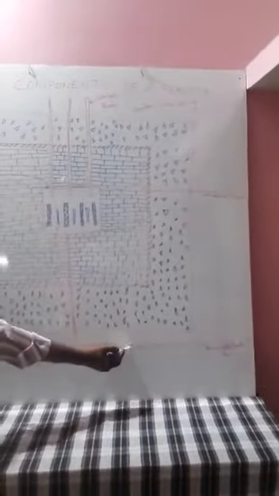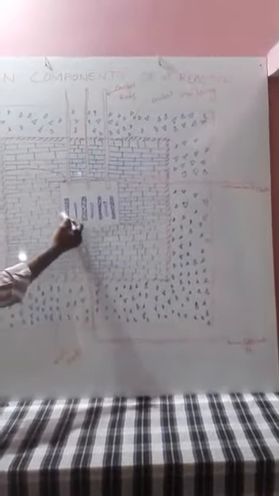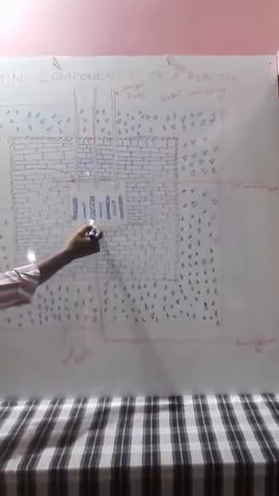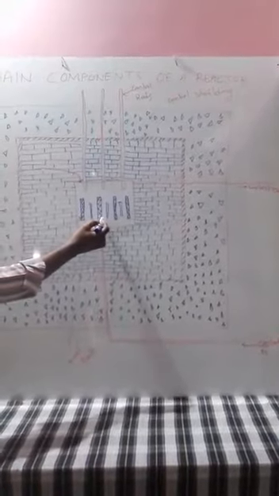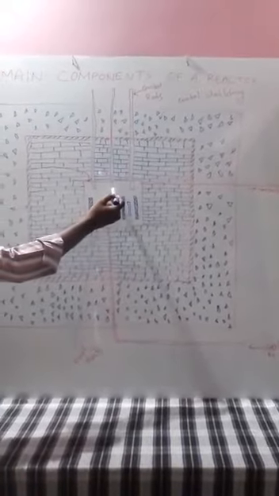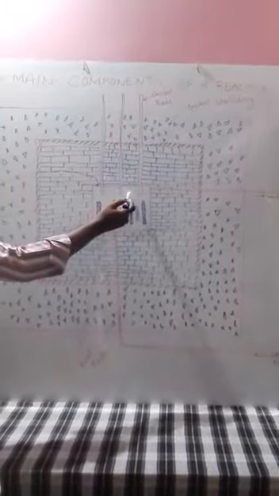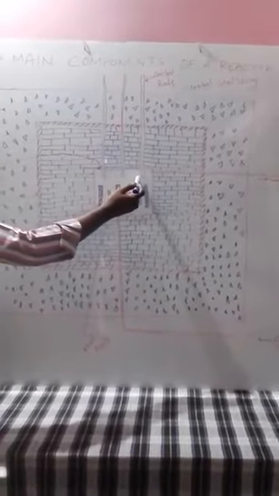The coolant is a fluid which flows at a low temperature and enters this chamber, and it absorbs the heat generated in the nuclear fission reaction. Then after absorbing the enormous amount of heat, that hot coolant leaves the chamber.